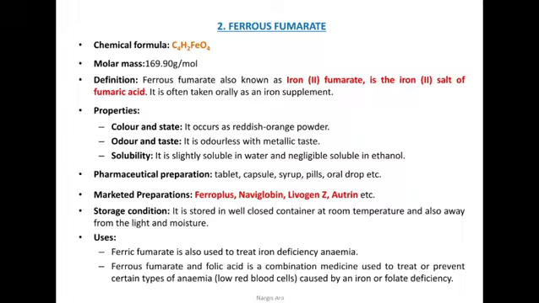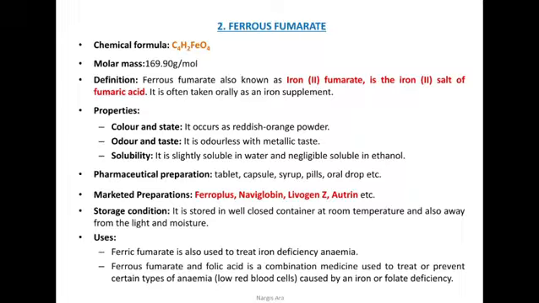The properties are: color and state, it occurs as a reddish orange powder. Its odor and taste is odorless with a metallic taste. And its solubility: it is slightly soluble in water and negligibly soluble in ethanol. And the pharmaceutical preparations of ferrous fumarate are in tablet form, capsule form, syrup form, pills form, oral drops, etc.